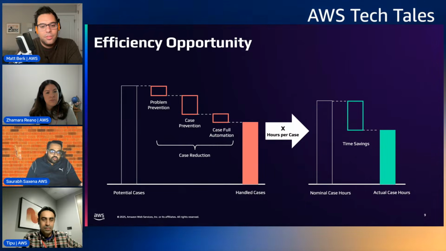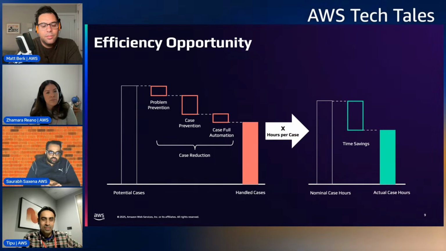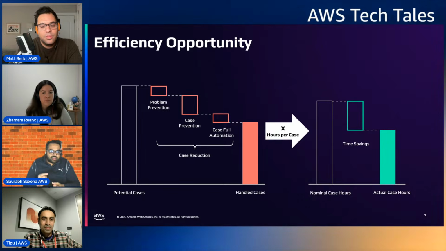If we solve that problem, then those cases will go away. But can you talk a little bit about how, with AI and the methodologies we have used with our support engineers, we have been able to detect some of those problems faster, implement changes faster, leading to a better customer experience, a faster response time, and overall improved efficiency?